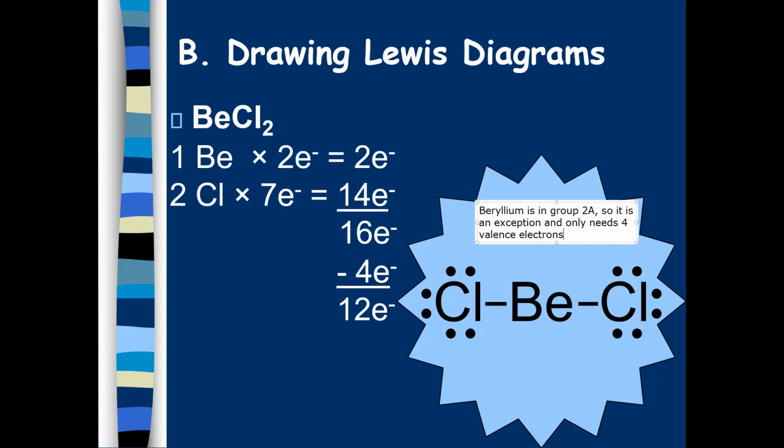So now, knowing what we know, we can say beryllium's happy because beryllium has 2, 4. And that's what it says here. So it only needs 4, beryllium's fine. Chlorine, 2, 4, 6, 8 on both sides. They're happy. So we're done. And the other thing that you always want to do, kind of like a proof: remember, we started with 16.